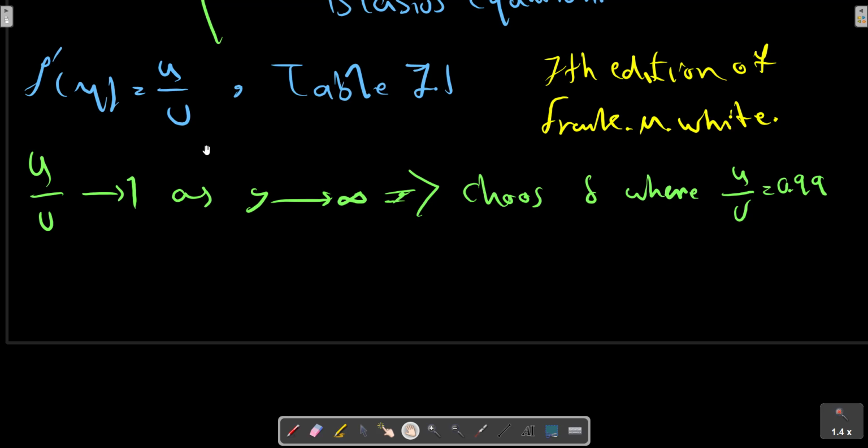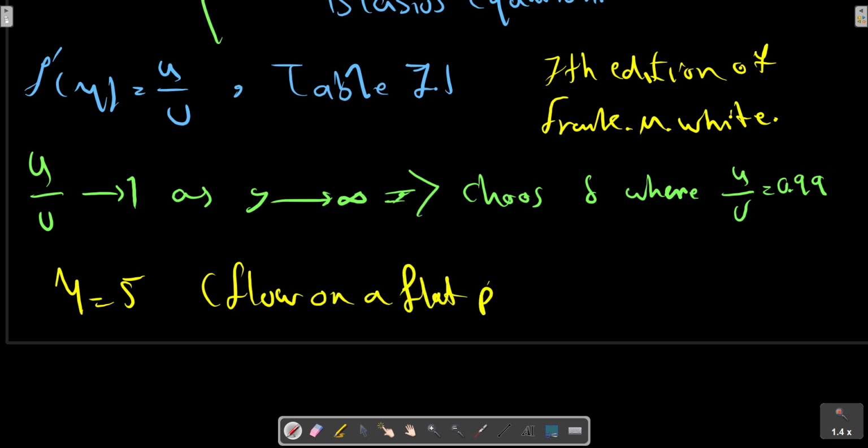From the table, this occurs at approximately eta equals 5 for the flow on a flat plate.